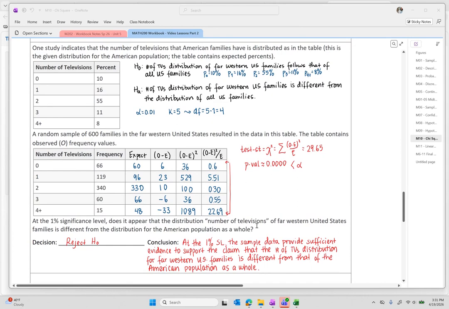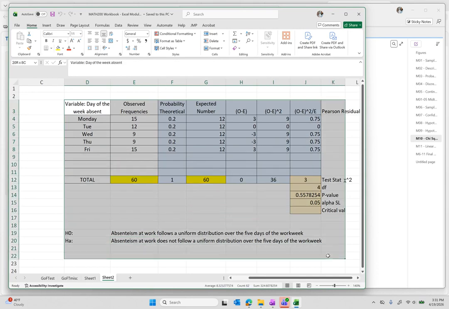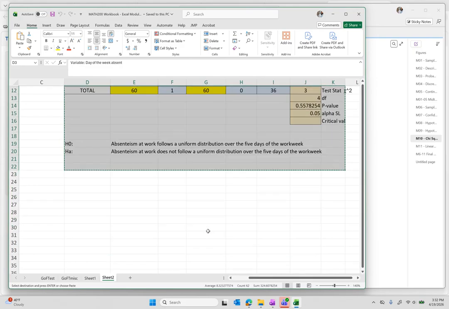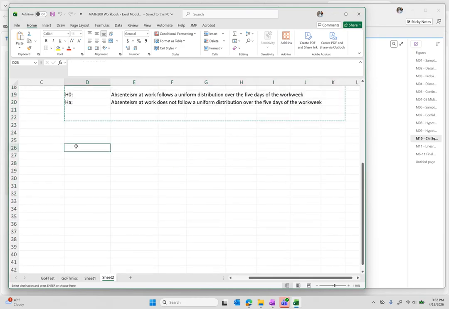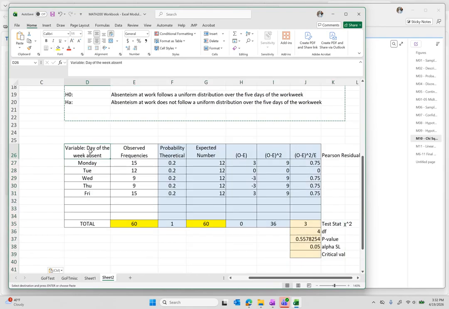One option is to use Excel. We have already coded our processes here with a previous example, so we just want to copy down and update. We have a new variable.